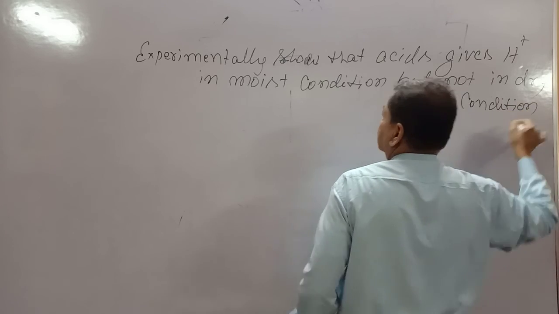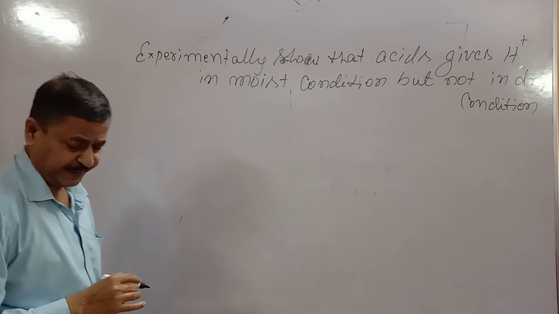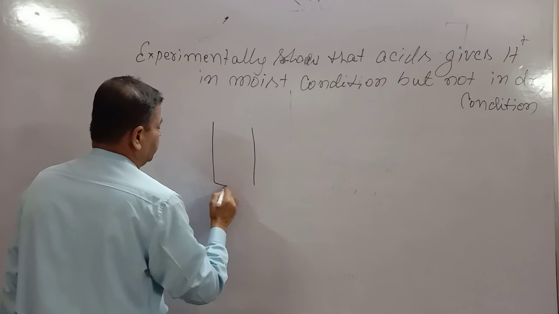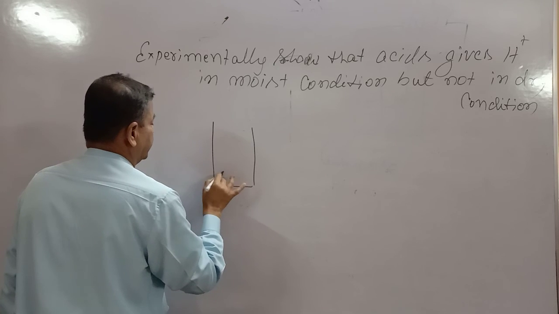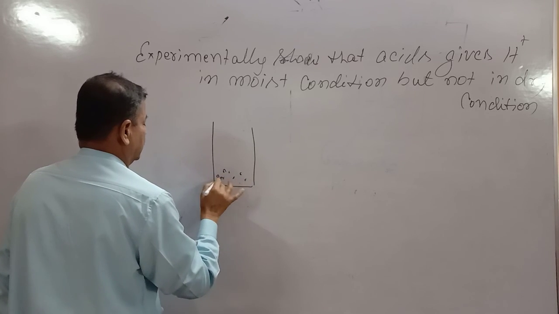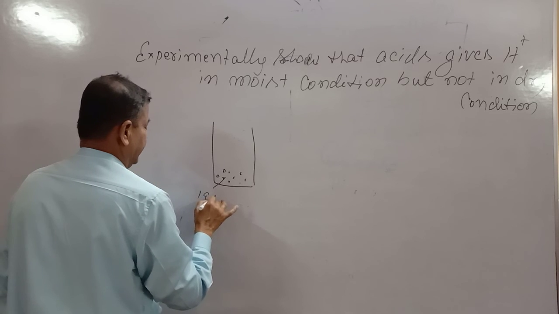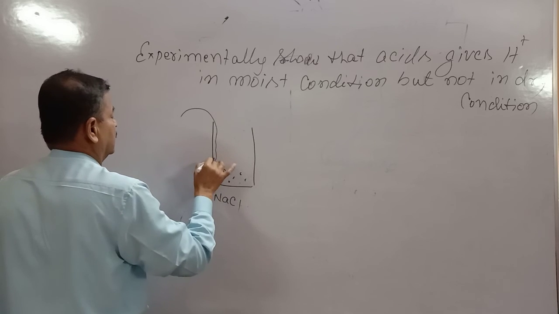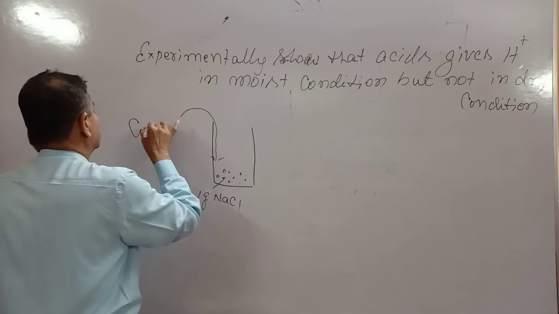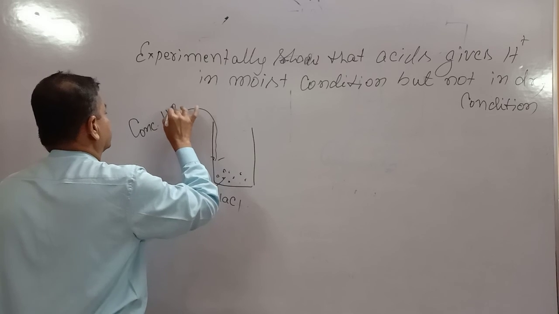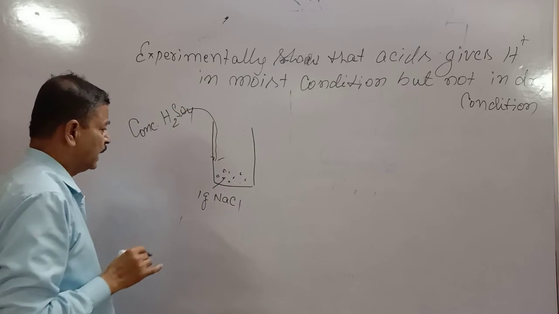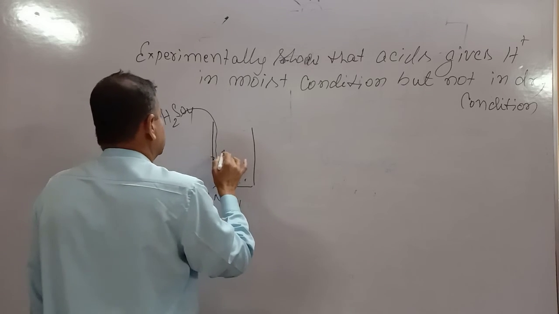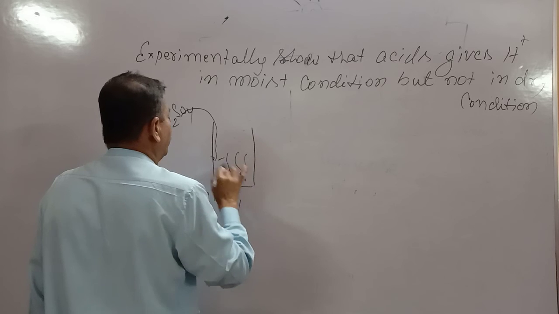This has been demonstrated by an experiment. We take a test tube and put in 1 gram of sodium chloride, NaCl, and now pour concentrated sulfuric acid. After pouring sulfuric acid, we observe that a gas is evolved.